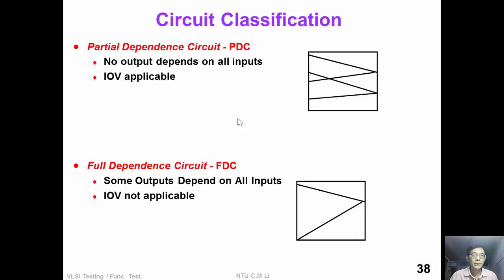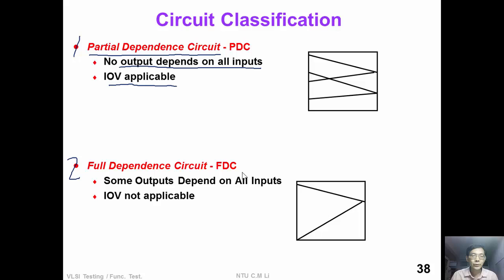We can simply classify our circuits into PDC and FDC. In PDC, partial dependent circuit, no output depends on all the inputs. In this case, IOV can be applied to reduce the test length.